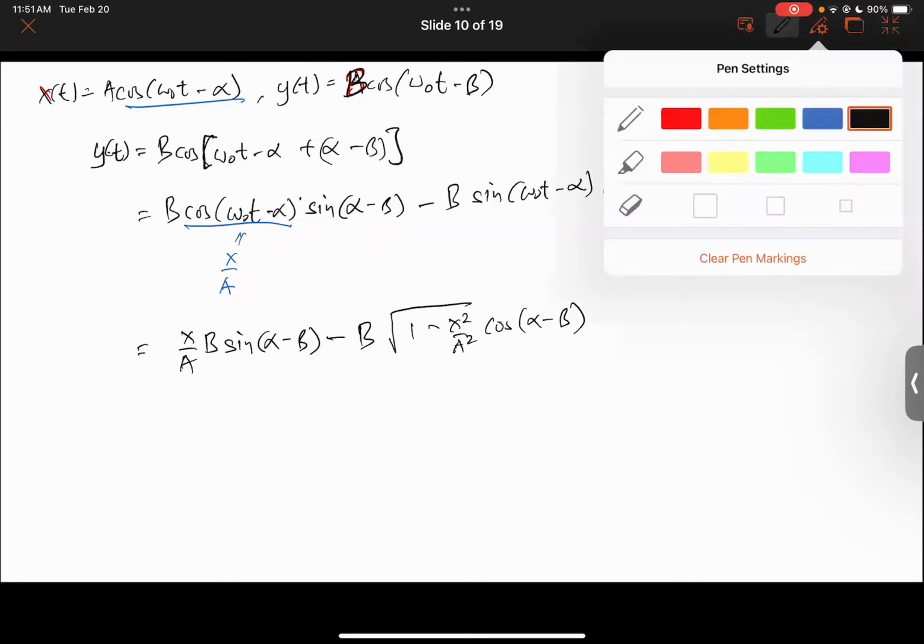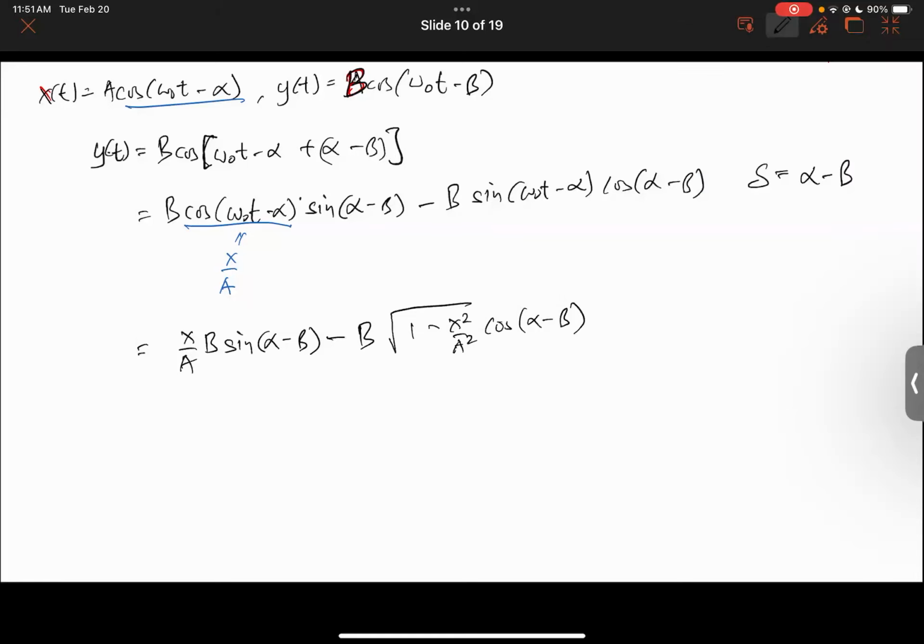Do you understand how x squared over a squared came about? If you didn't, just let me know in the chat box. So that is our y.